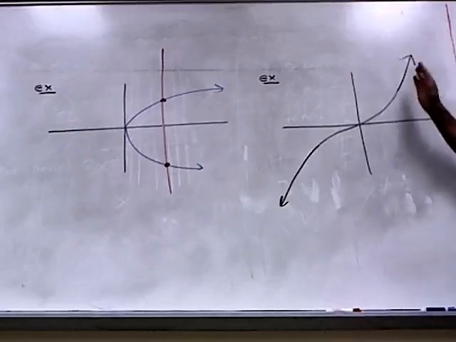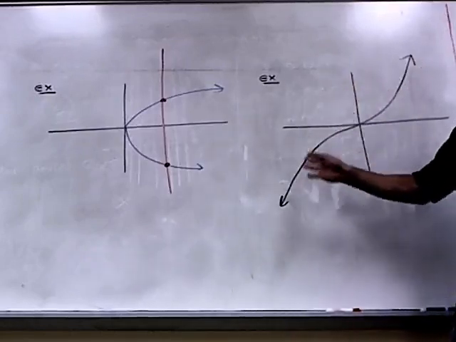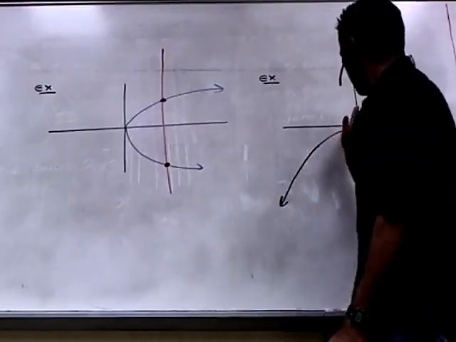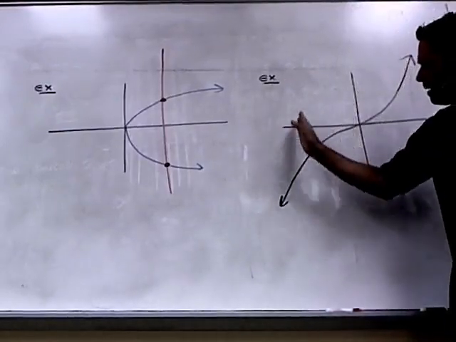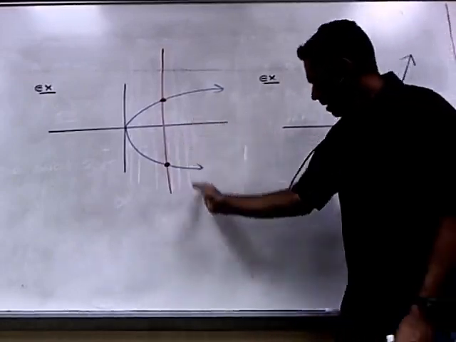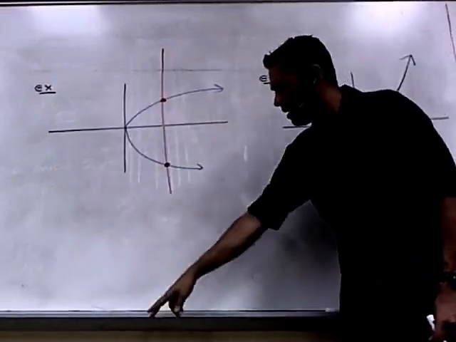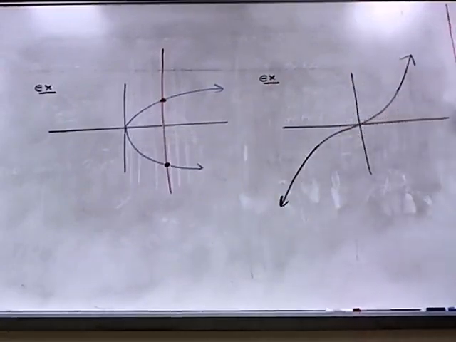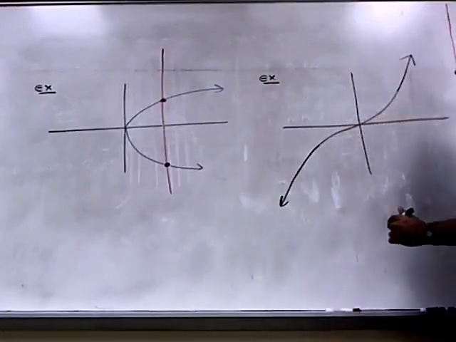If I start drawing vertical lines, I'm only going to hit it one time. What about domain? So if I go to the left and look up and down, I'm hitting something, right? Way over here, I'm going to hit something way down there. Keep going, way down there, it's going to be there, right? If I come over this way, start looking up, I'm going to be hitting it. So the domain is everything.